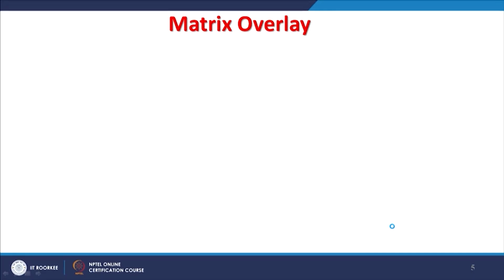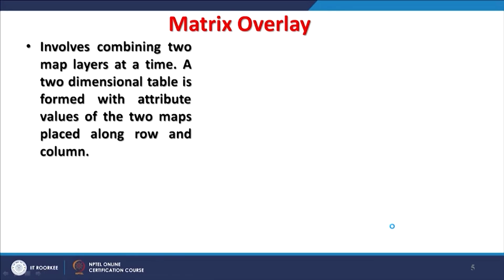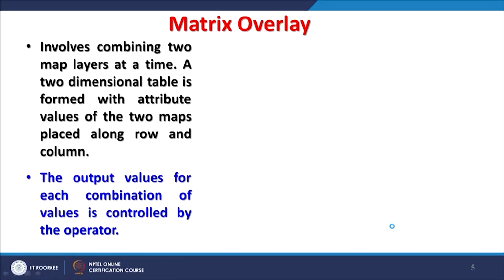As you know, raster data is nothing but a two-dimensional matrix, so it is handled the same way as a two-dimensional matrix. When we go for matrix overlay, basically raster data overlay, it involves two maps or two raster layers at a time, and a two-dimensional table is formed, as we have seen in some examples, with attribute values of two maps placed along rows and columns. One map's attribute values become rows and the other's become columns.